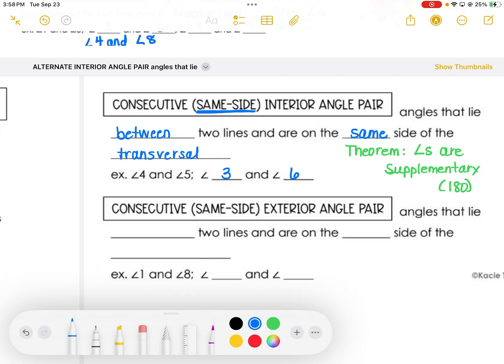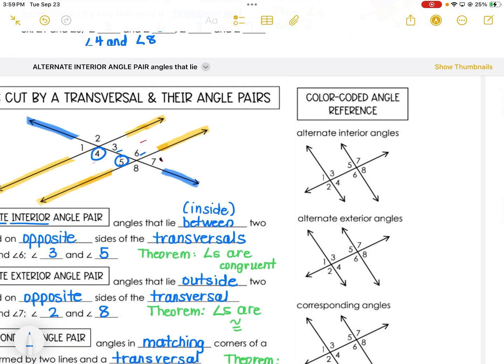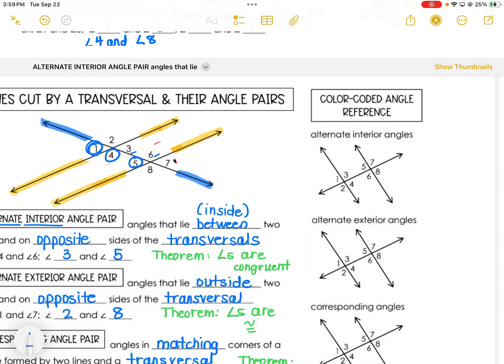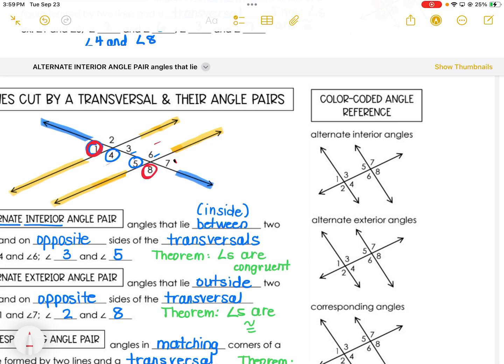So the same side exterior will be angles that lie outside the two yellow parallel lines. So outside the parallel lines, but they are on the same side of the transversal. So they give us the example of 1 and 8. Let's see, I'm going to make them red. So 1 and 8, look. 1 and 8 are both exterior angles on the same side, kind of below the blue transversal.